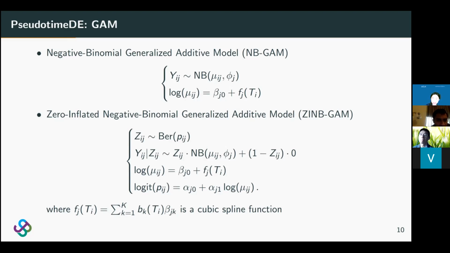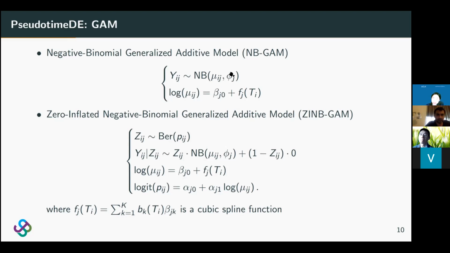In the GAM literature, this is called the spline function, and here we use a cubic spline function. We can consider this capital K to be the number of knots in the spline function. The greater the K, the more complex this function is, so the more complicated relationships you can capture. We just set this big K to be 6, because we think this is enough to capture most of the interesting relationships. Okay, this is the NB-GAM.